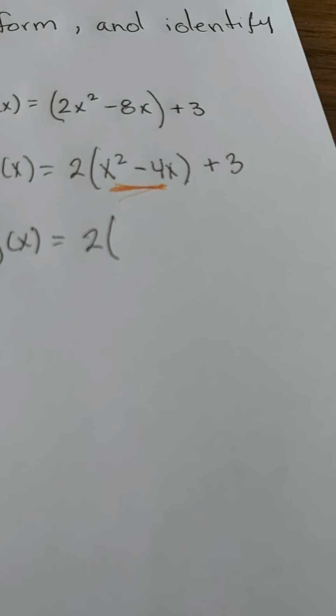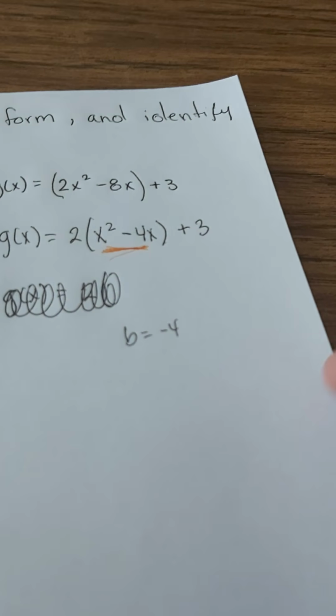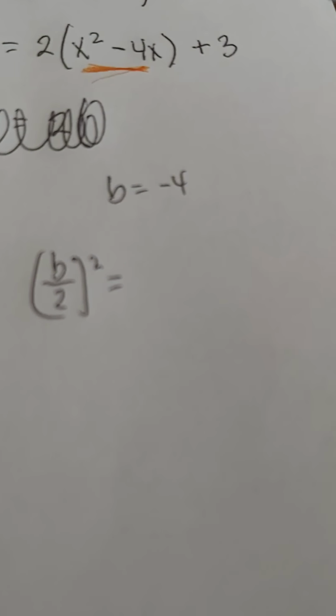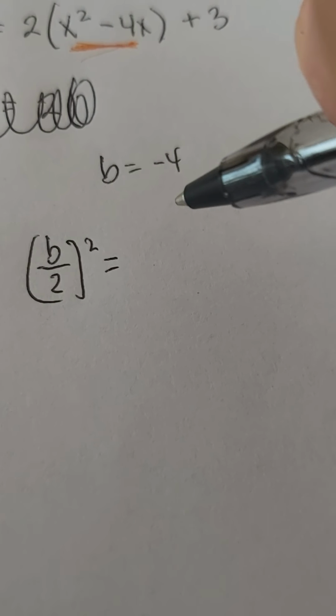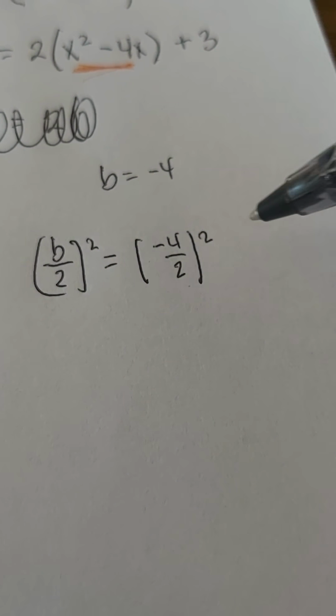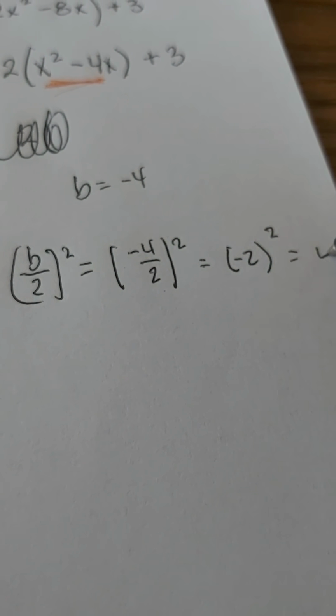Now let's complete the square. Sorry, we hadn't completed the square yet. In this case, b equals negative 4. Let's find half of b, squared. Half of negative 4 is negative 2, and negative 2 squared equals positive 4.